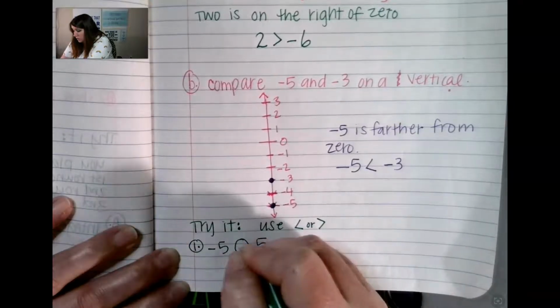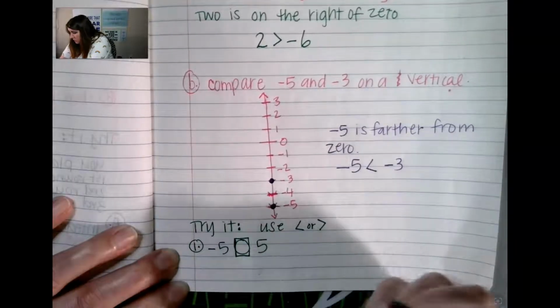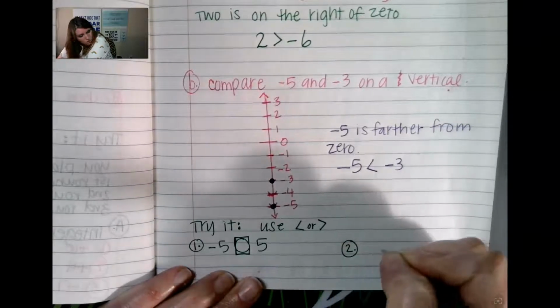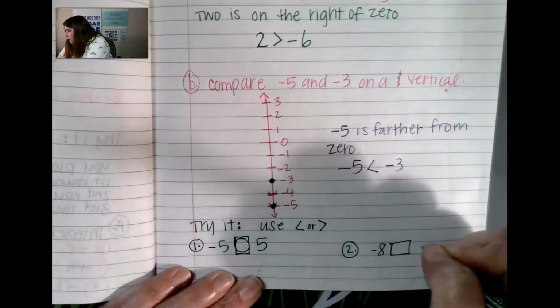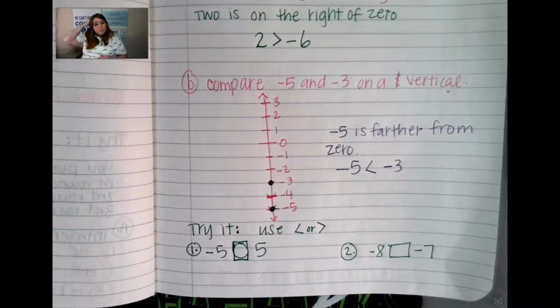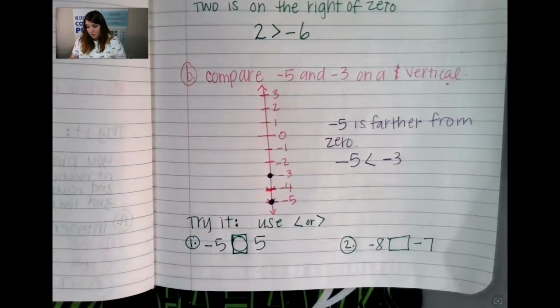Put your symbol here in the middle. Maybe I should have made it a box. Oh my goodness, I'm messing up left and right today. Okay, and then number 2, -8 and a box for -7. Which one's less than, which one's greater than? Hit pause right now so you don't hear me solving.